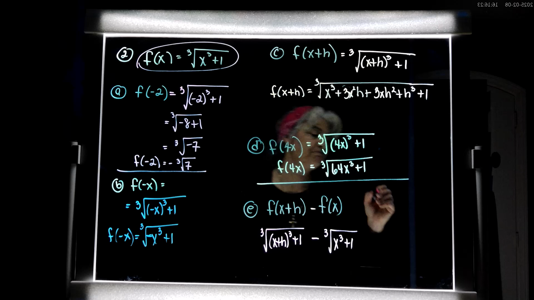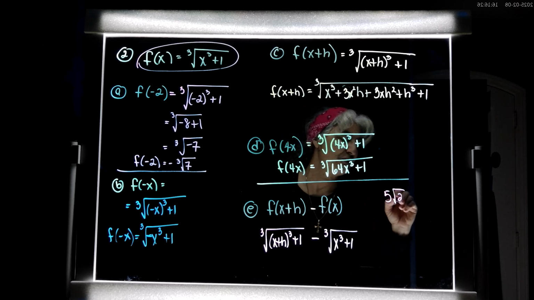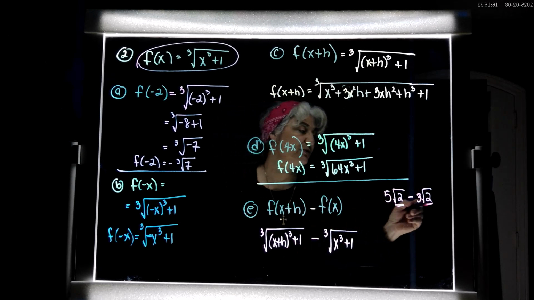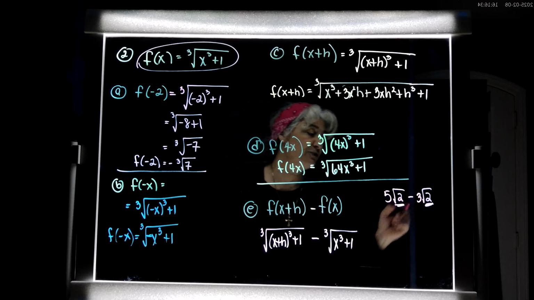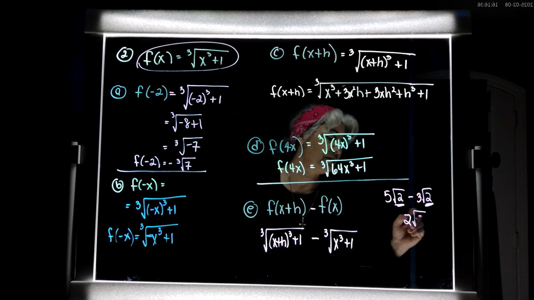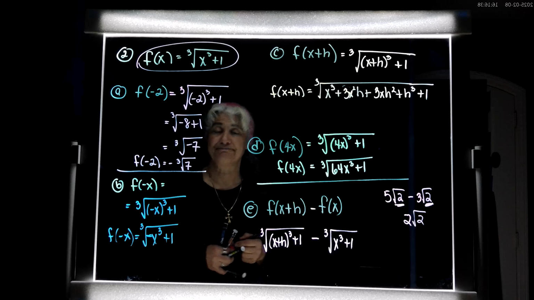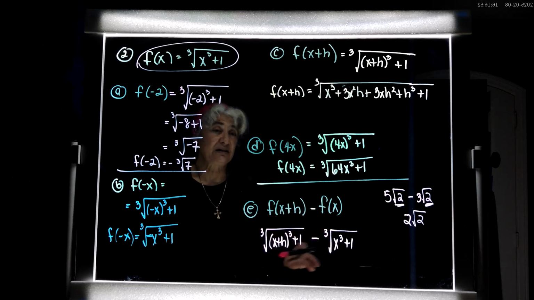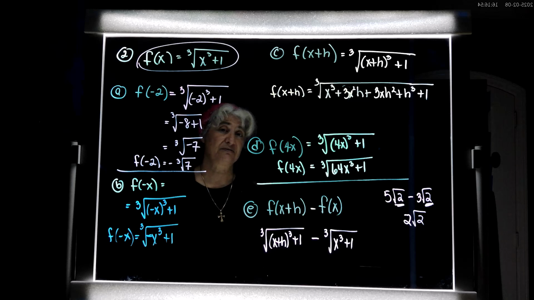For instance, 5 square root of 2 minus 3 square root of 2. The square root of 2's are treated like a variable, so I can do 5 minus 3, which is 2, and then my variable is square root of 2. But these roots aren't exactly the same, and I can't look at them separately. I can't split this apart so I could do any kind of combining. This is letter E. This is all you can do.